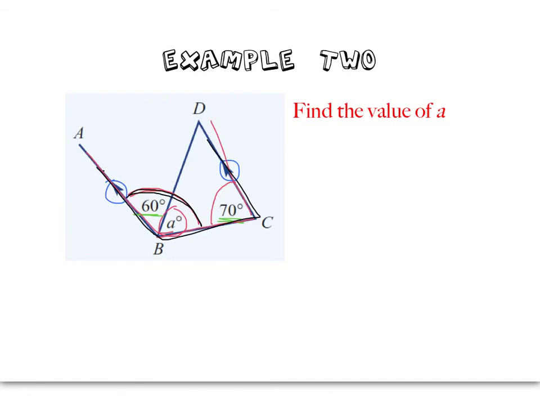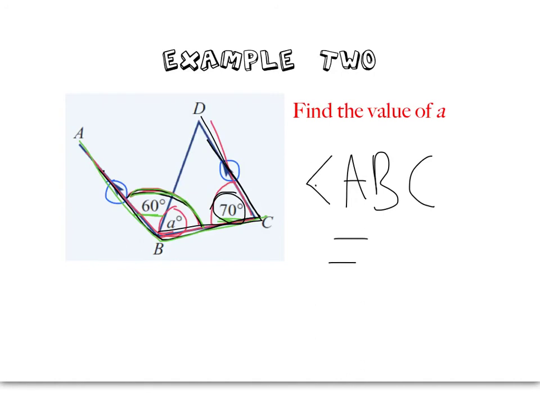So that's pretty cool. That must mean that this angle here, ABC, or all of this, would equal 180 subtract angle DCB, the 70 degrees here. So I'll look for this one, angle ABC, this angle in here.